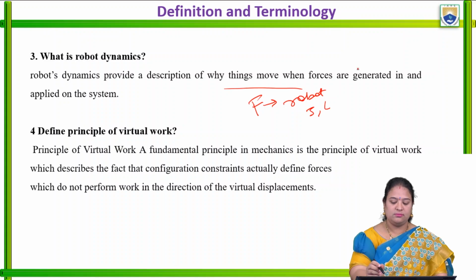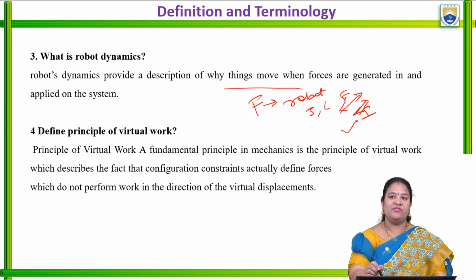The manipulator is moving, whether in the forward direction or the inverse direction, and why the things move when forces are applied on the system, that is known as robot dynamics. That is, it describes the movement of the robot.